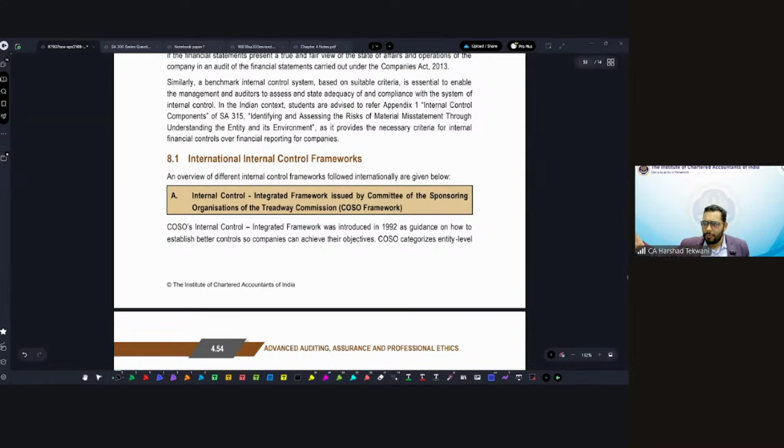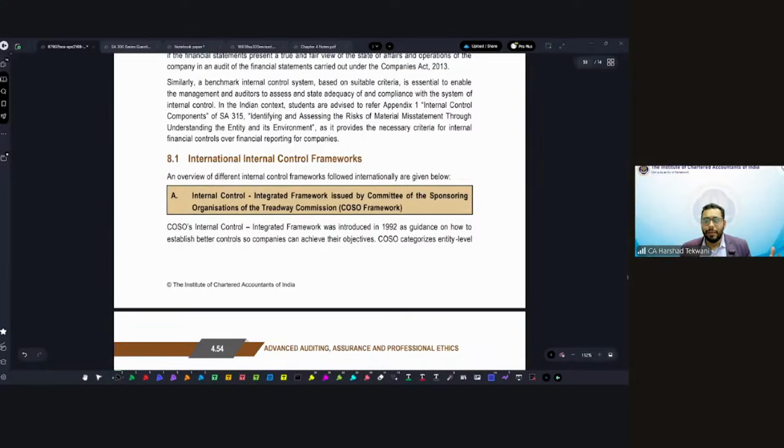Guidance will say the minimum components are ABC, and the international framework, whatever you want to call it, is XYZ. Now you have to match whether XYZ includes ABC or not. Simple. It will never be the case that an international framework will say don't have XYZ. It will say minimum required ABC.